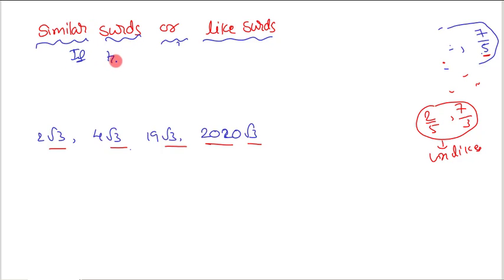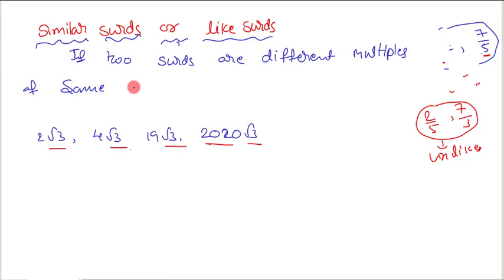If two surds are different multiples of a same simple surd, then they are said to be similar surds or like surds.